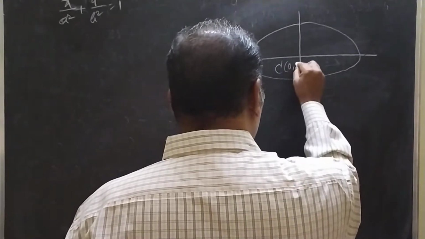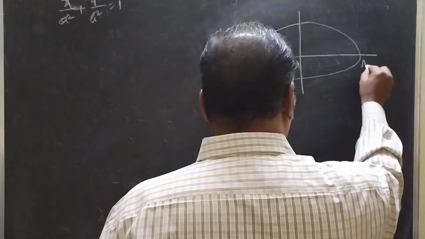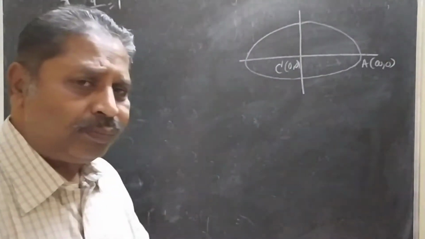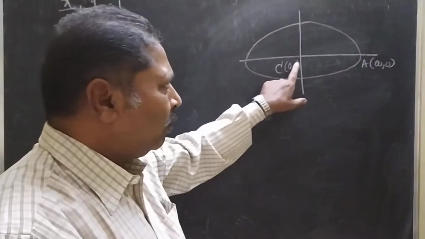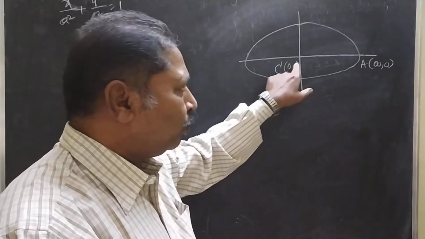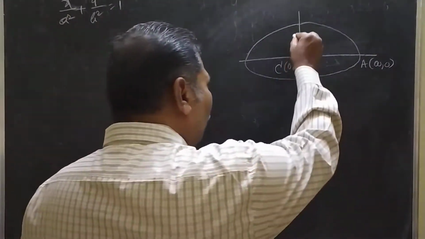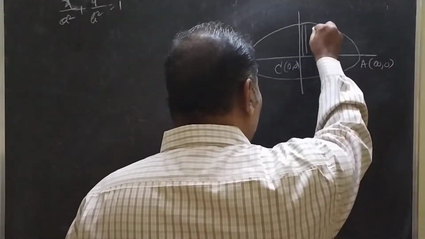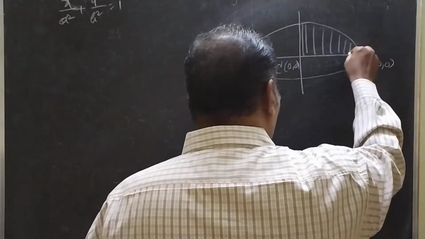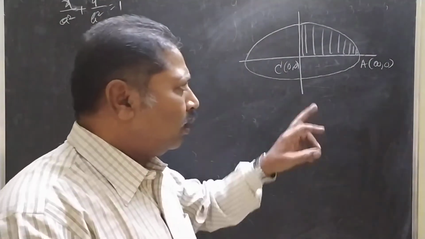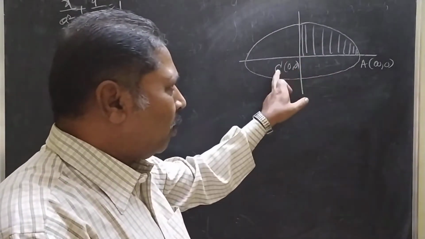Center 0, 0, vertex a comma 0. From the diagram, x value 0 to x value a, from 0 to a, we get this area. There are 4 equal parts.